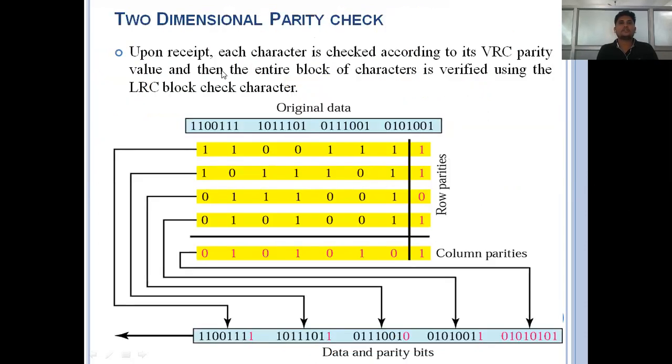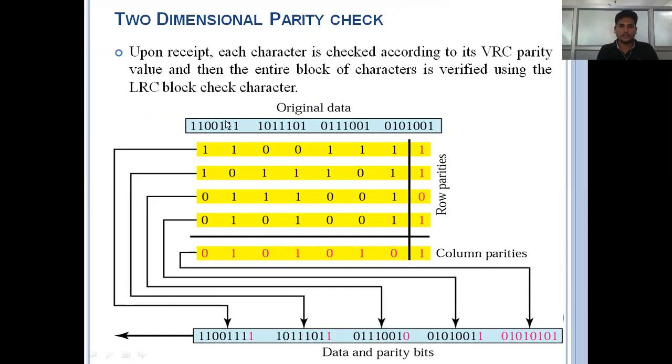So the two-dimensional parity check. Upon receipt, each character is checked according to the VRC parity value, and then the entire block of characters is verified using the LRC block check character. So each block is verified.